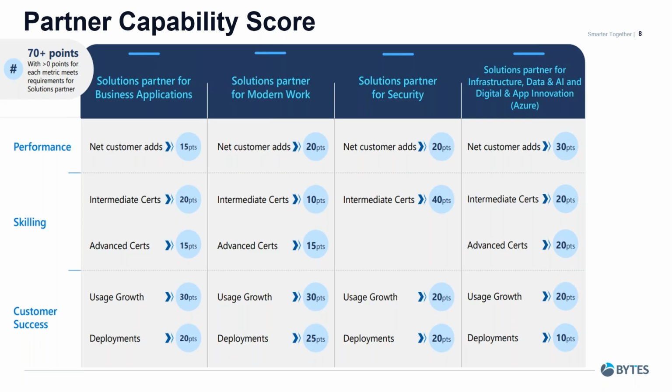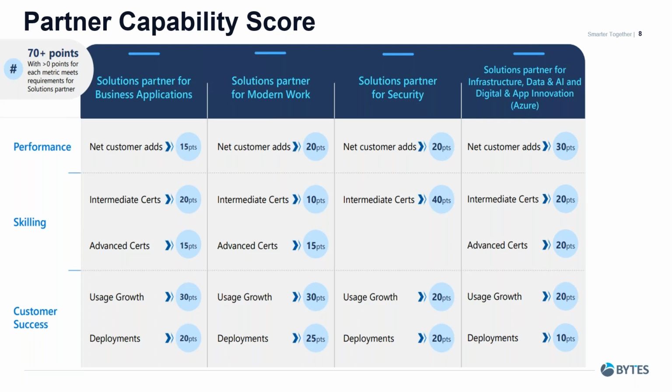But we could win enough customers for Azure, and that's got us 30 points straight away. And then you could have a few staff pass on what are classed as intermediate certifications and advanced certifications, and you'd be on 70. That, in theory, is enough points for you to become a solutions partner in Azure.